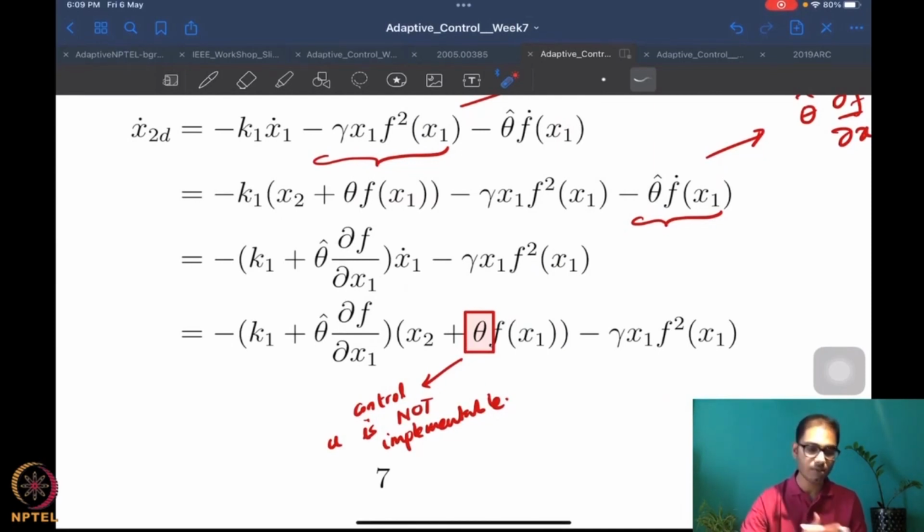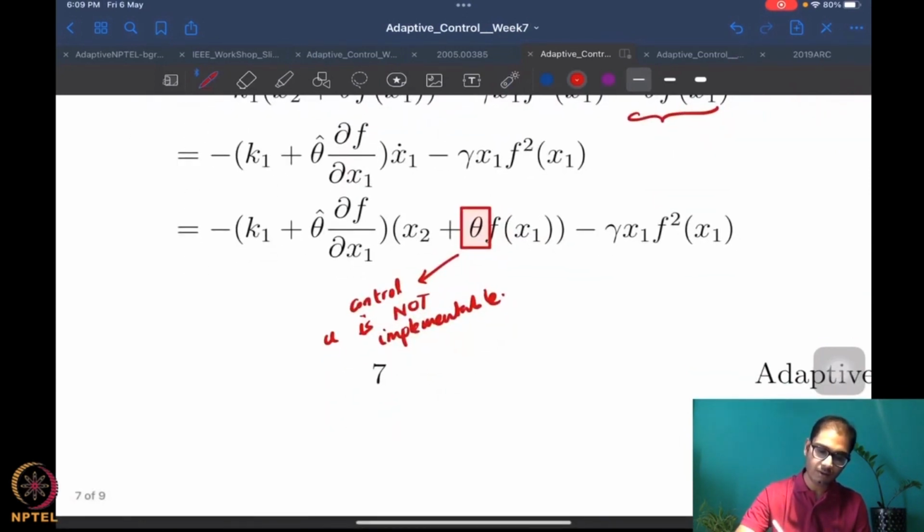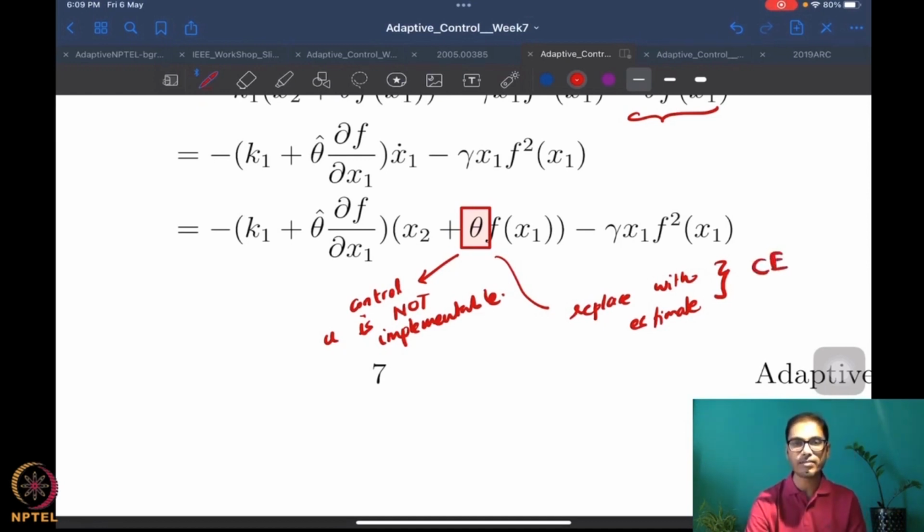We replace it with the estimate. But the key problem to remember is that replacing with the estimate is the usual solution via the certainty equivalence principle.